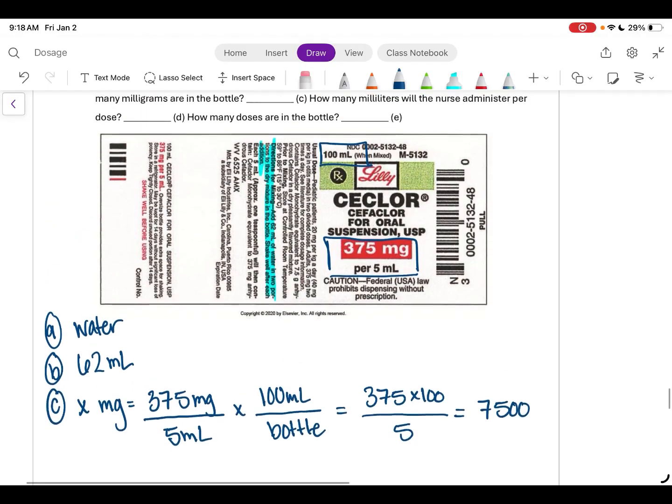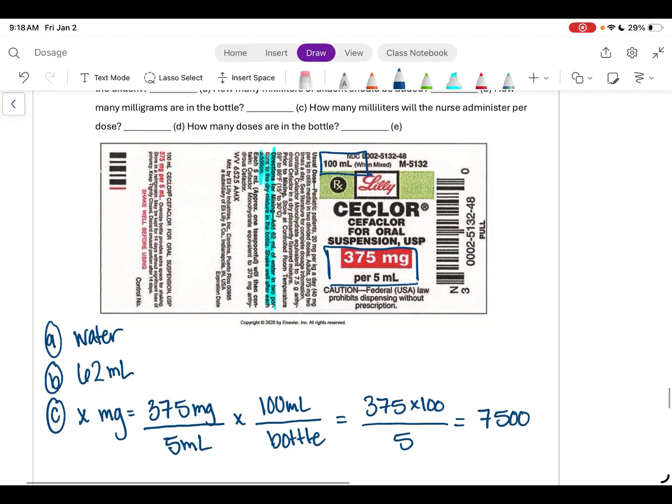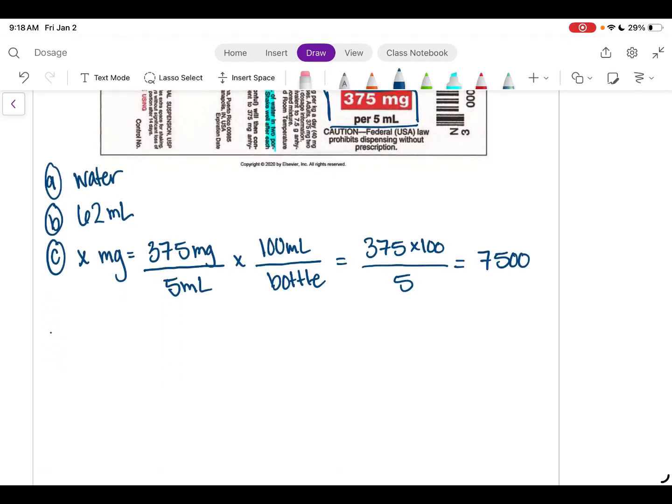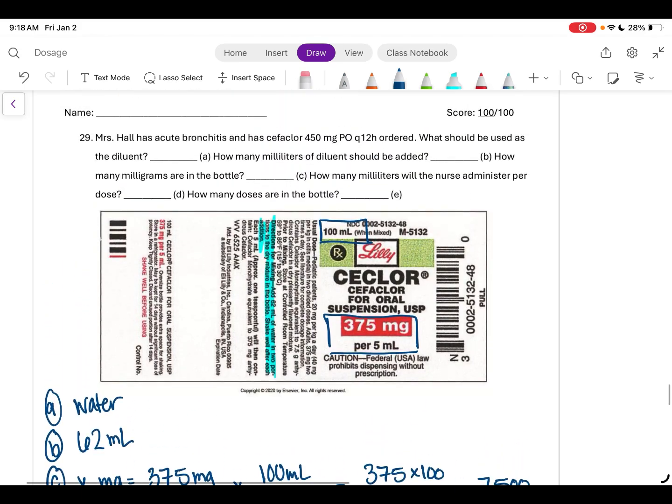Okay. All right. How many milliliters will the nurse administer per dose? Okay. So D. How many milliliters? X ml. Right. I'm going to be using my same concentration from the label. Just going to write it upside down. Right. My order was for 450.